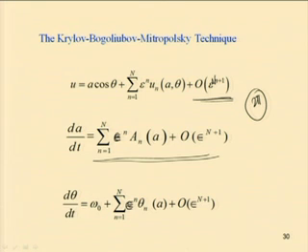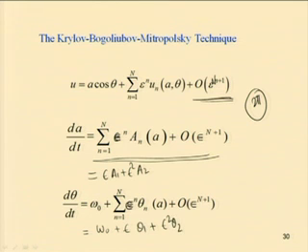So, for example, if one takes N equal to 2, dA by dt can be written as epsilon A 1 plus epsilon square A 2. Similarly, d theta by dt can be written as omega 0 plus epsilon theta 1 plus epsilon square theta 2. Here we are neglecting the higher order, that is, order of epsilon cube is neglected.